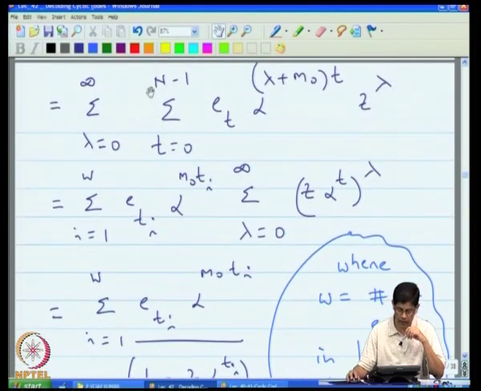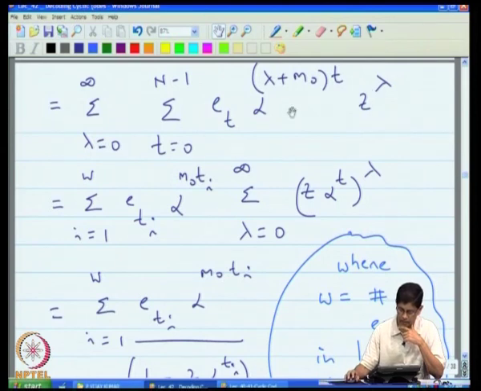So, although it looks like there are n terms in the summation, only w of these are non-zero. Okay. So, with that I am replacing this sum over these n values of t by a sum over the w values of i, and I have E of ti, and then correspondingly I bring the alpha to the lambda ti m0 term inside and take the summation on lambda inside.